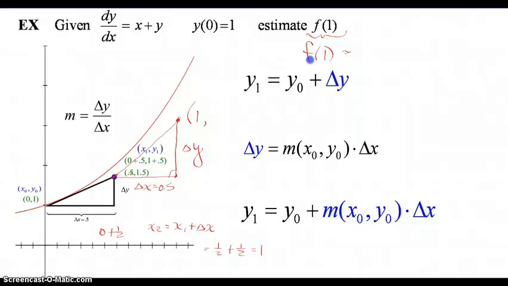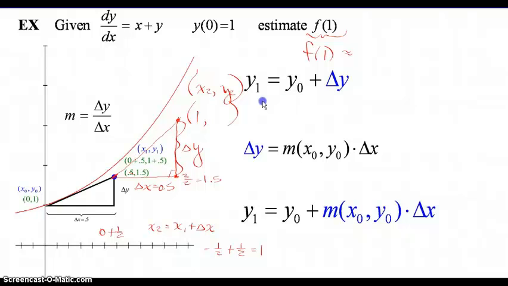We want the approximation of the output of the function when x equals 1. So we know this distance right here is 3/2 or 1.5. And if we could find this vertical change, that's going to be a good approximation to the function. So we know what x sub 2 is. We're after y sub 2.